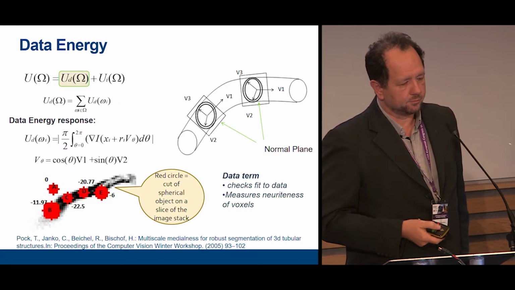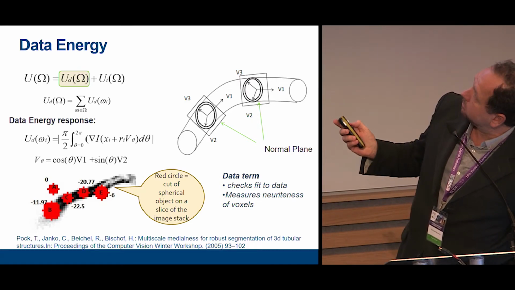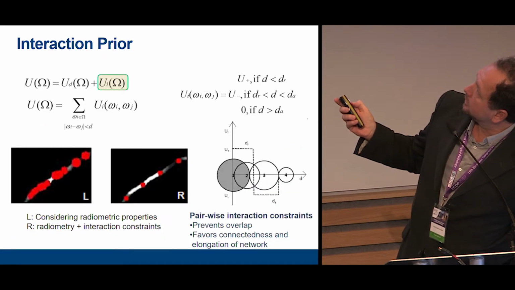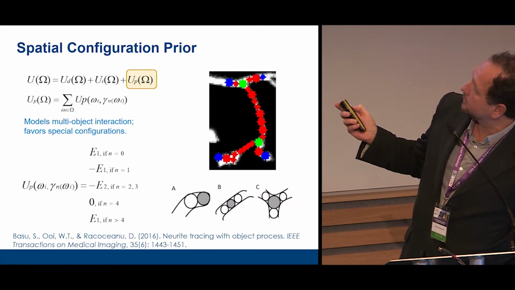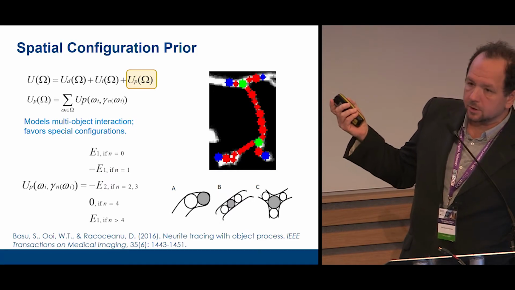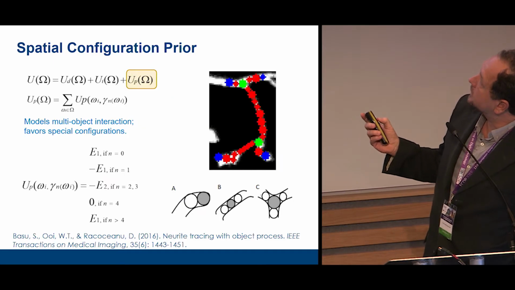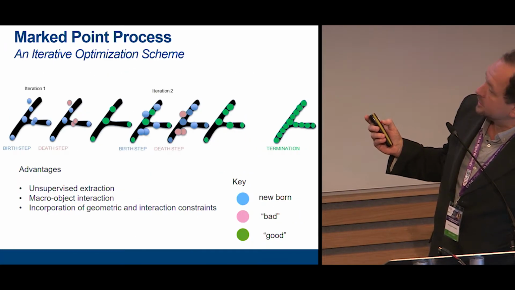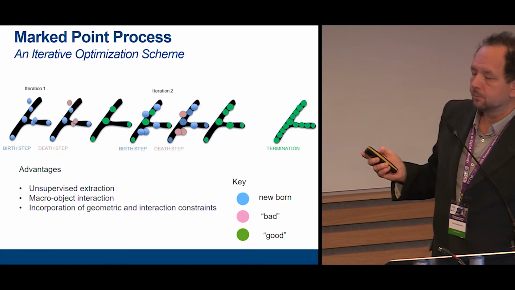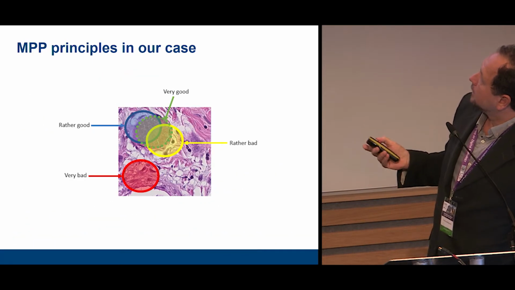You have different kinds of energy elements here, which maybe I will not describe in too much detail, but I can do it if you would like to: data energy, interaction prior, and spatial configuration information. This is something we did in our case for neurite detection and for nuclei detection in digital pathology. The advantage of this kind of method is that it's completely parallelizable, because you only work in a neighborhood of one shape. So the use of the GPU is highly recommended.